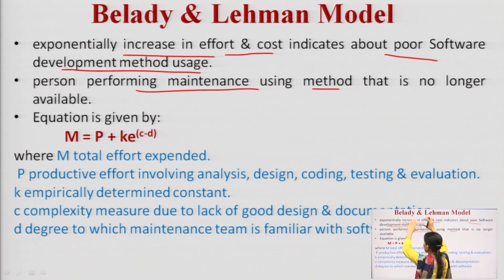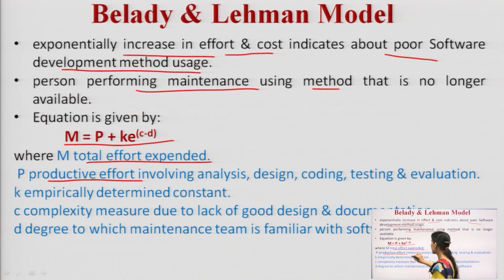So, the equation for calculating the effort is M equal to P plus K e to the power C minus D, where M is my total effort expended, P is the productive effort including all the phases, means analysis, design, coding, testing and evaluation.